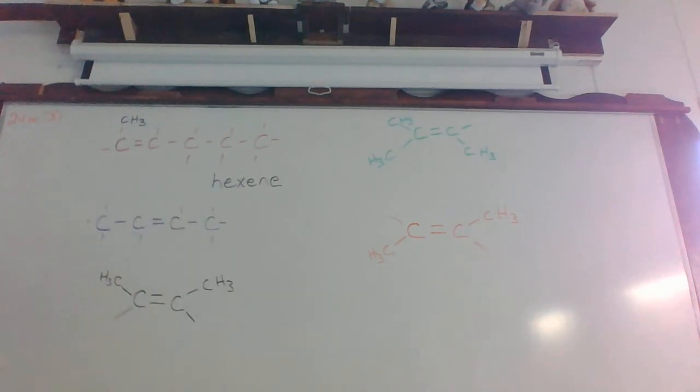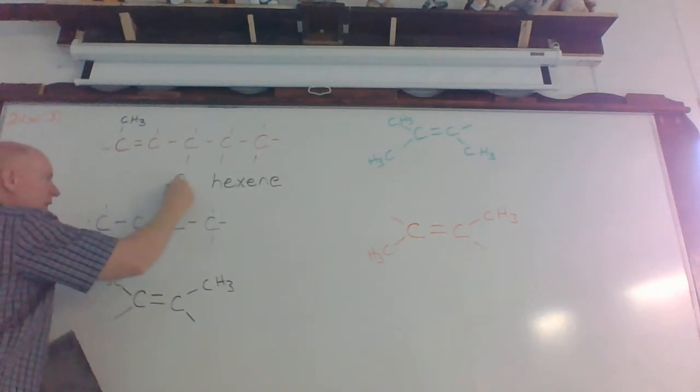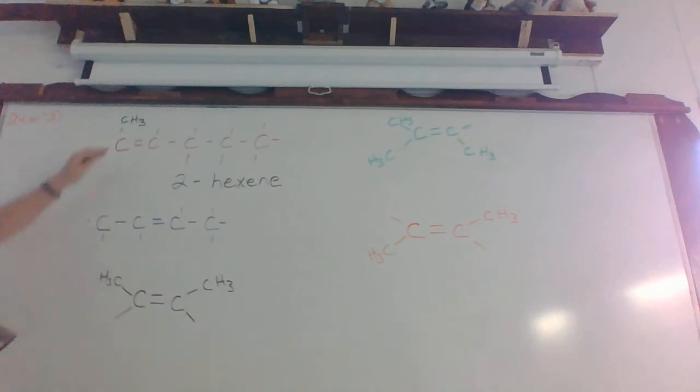You need a 2 there, and that is why. Because it's after the second carbon. So that would be 2-hexene then. Okay? So if this was not present, it's pentene or 1-pentene. But if we put that guy up there, we change it to 2-hexene because that double bond is located after that second carbon.